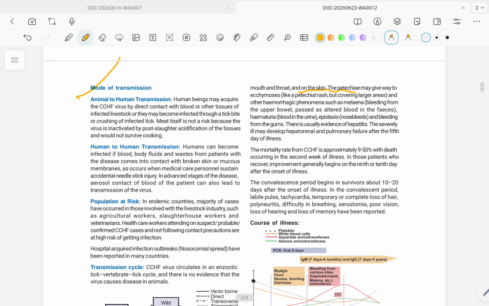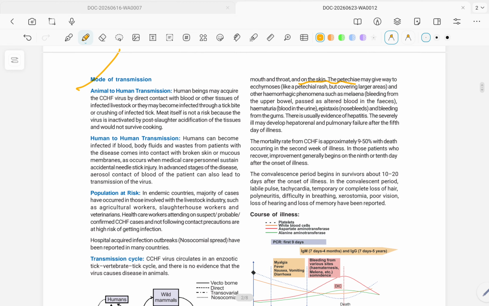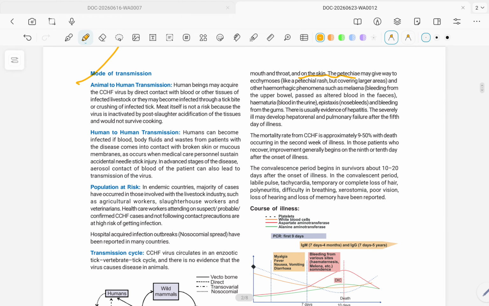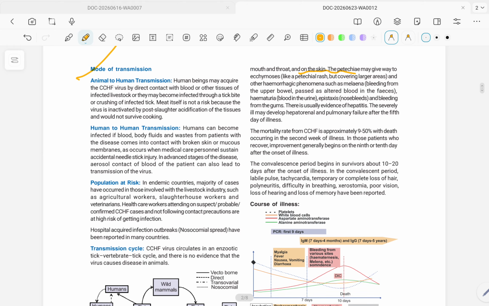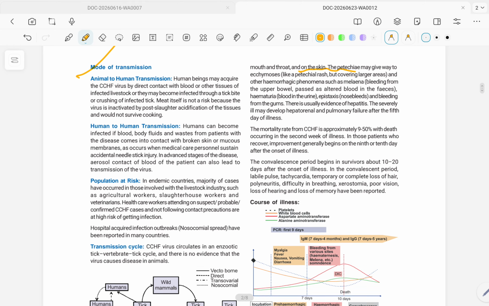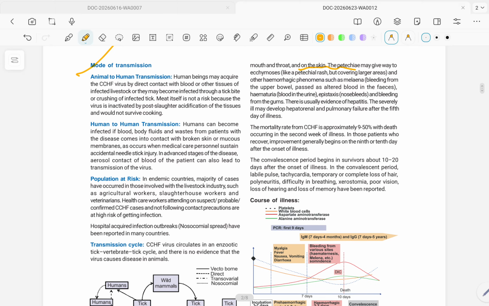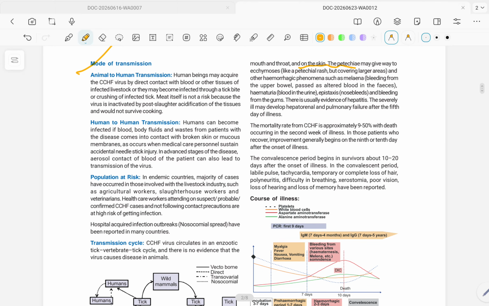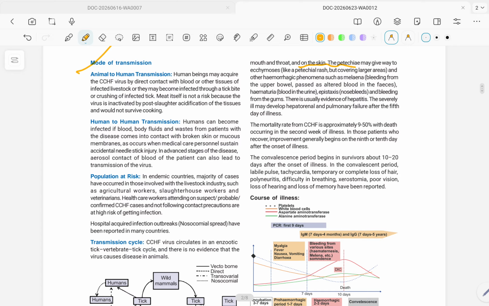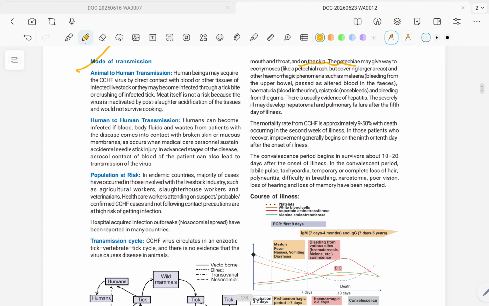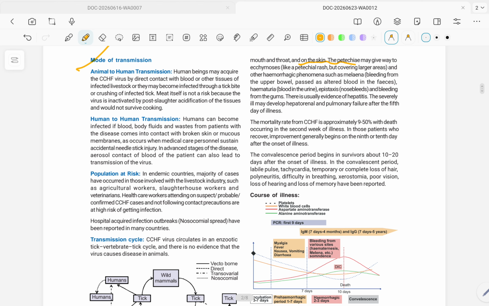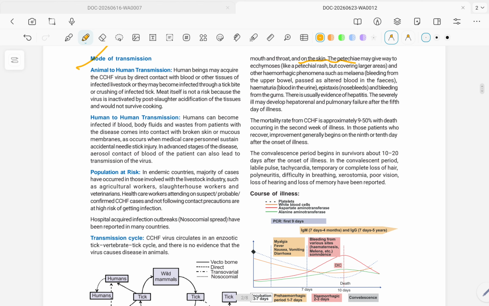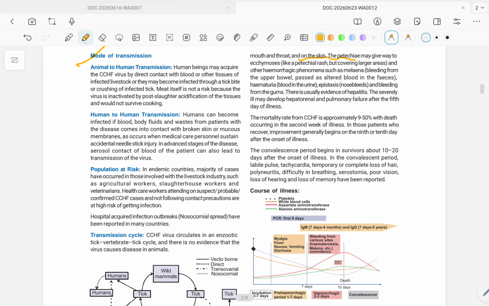The petechiae may give way to ecchymosis, like a petechial rash but covering a large area, and other hemorrhagic phenomena such as melena, bleeding from the upper bowel passage as altered blood in the feces, hematuria, blood in the urine, epistaxis, nosebleed, and bleeding from the gums. There is usually evidence of hepatitis.